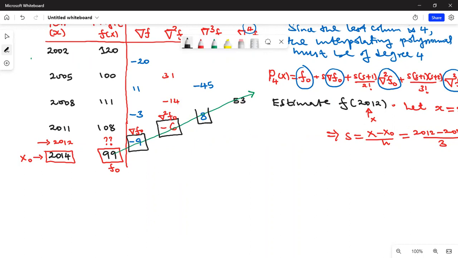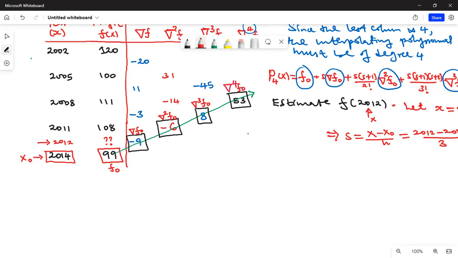This one is backward cubed, or simply third order backward of F naught. And lastly, this one is the fourth order backward difference of F naught.